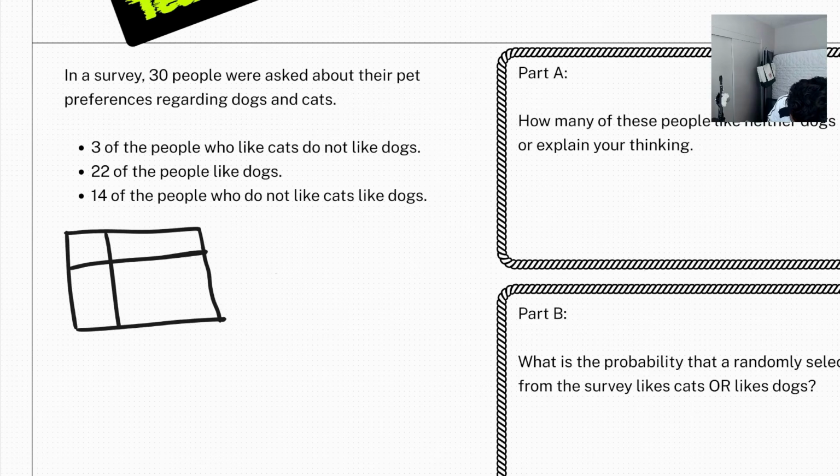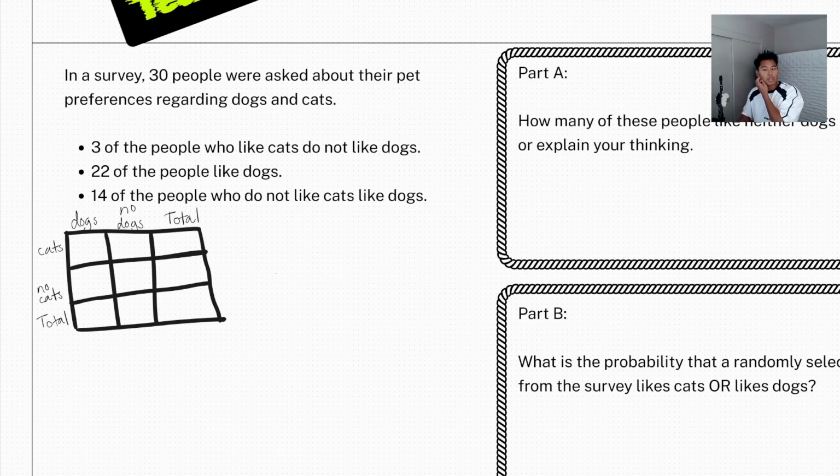This is too thick. Dogs versus no dogs. And then they like cats versus they don't like cats. Okay. I'm going to leave enough space to have a total on the end for each. This is my total on this side, and then this row will represent my total right there.